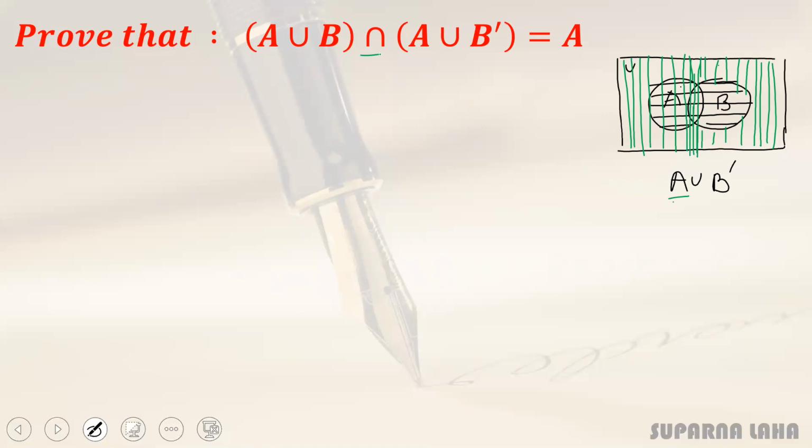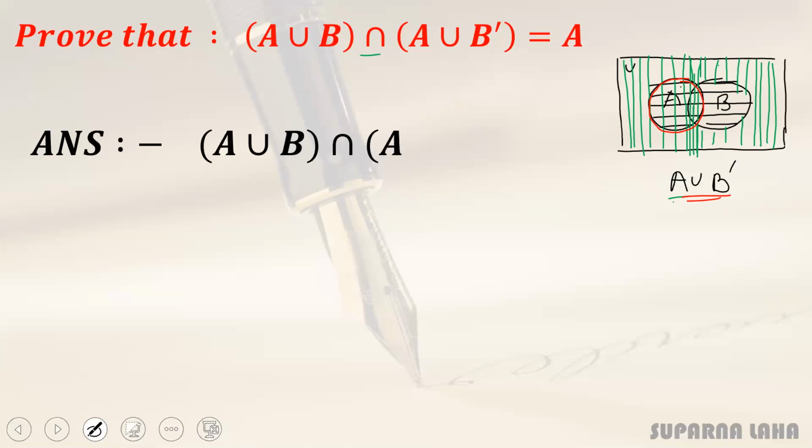That means the common shaded portion. So where is the common shaded portion? This is the common shaded portion. And what is this? This is A. So by Venn diagram, you can easily show that (A union B) intersection (A union B complement) is equal to A. Now let's prove it mathematically.